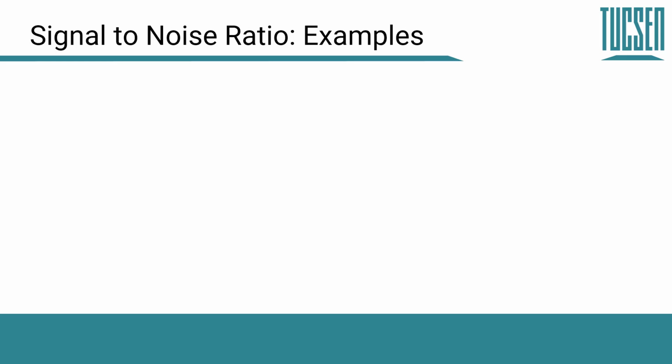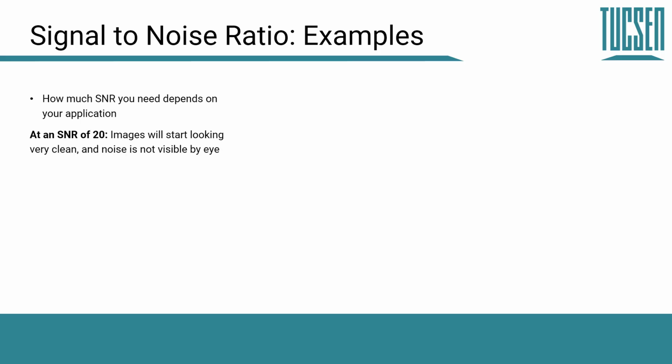But in general, images with different signal-to-noise ratios do tend to look fairly similar to each other in terms of their visual noise and image quality. How much signal-to-noise ratio you need depends, of course, on your application, but at a signal-to-noise ratio of around 20, images will start looking really nice and clean, and noise won't really be visible by eye.